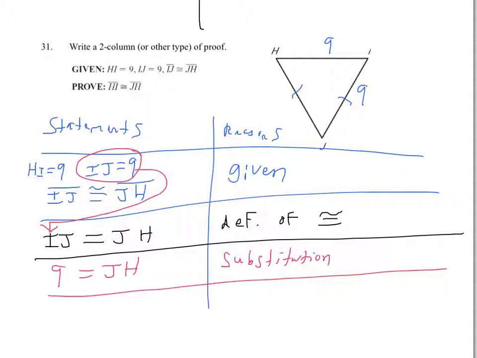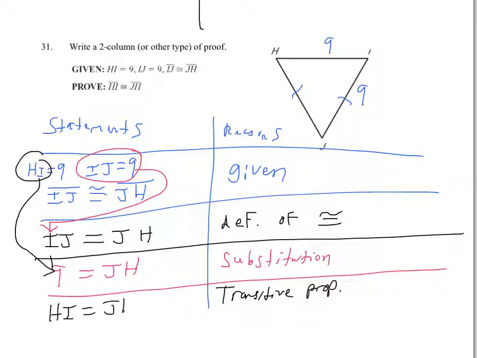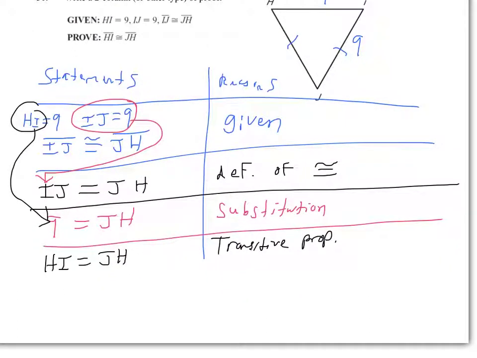I'll just say it's the transitive property. And I'm going to replace 9 with HI. And so I'll have HI equals JH, which is almost what we want in the end.